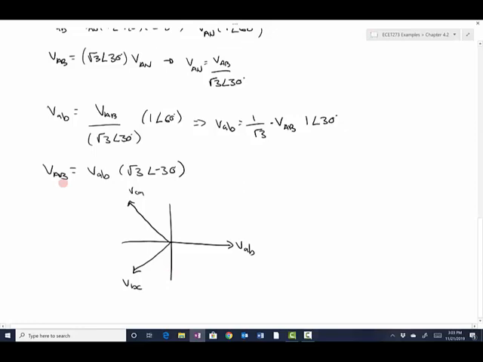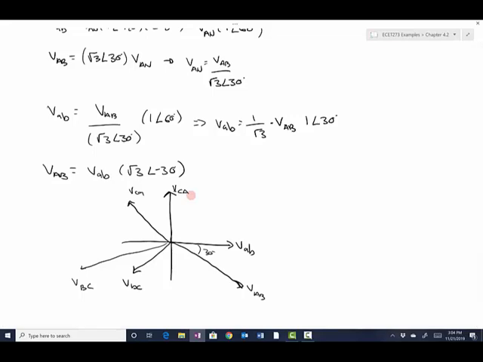I just determined that VAB lags by 30 degrees, so this is going to be a 30 degree phase shift right there, and that's VAB. And 30 degrees from here is VBC, and then 30 degrees from negative 120 is plus 90, so we get VCA right there.